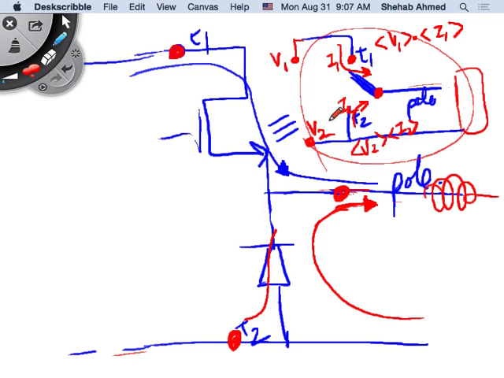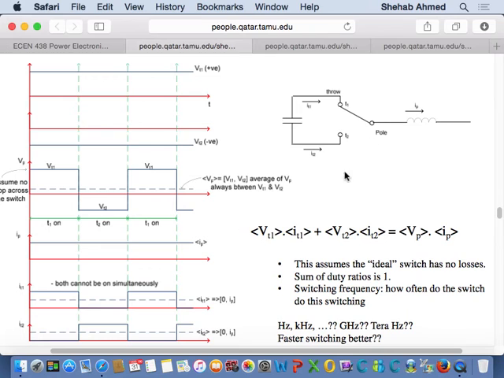But the sum of them is equal to the power that's going to the load, right? The sum of the power going from this throw to the load plus the power going from this throw to the load is what constitutes the load power, right? So I can rewrite that as what? Average voltage and average current coming from throw 1 plus the average voltage and current coming from throw 2 is equal to the pole average voltage and average current, correct?